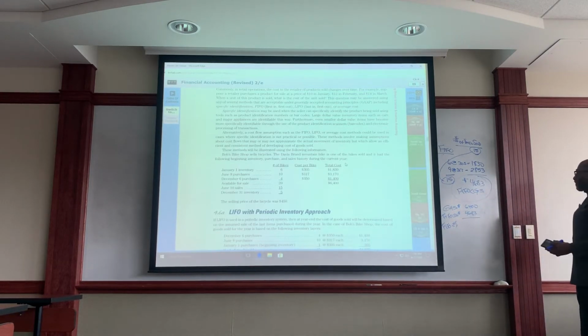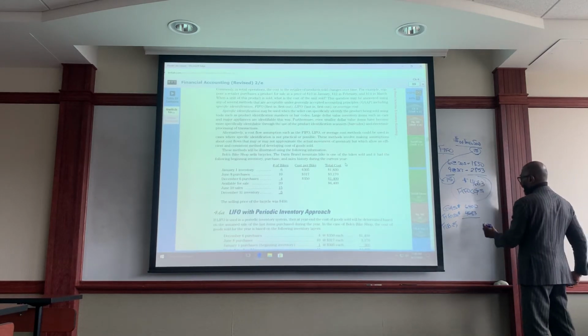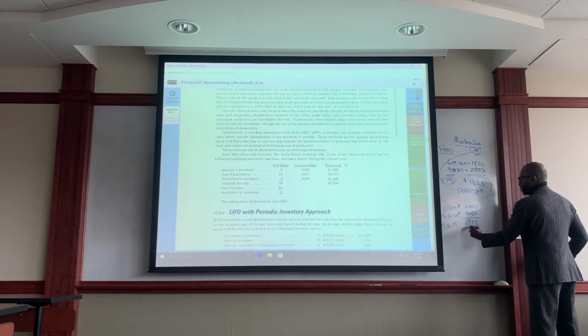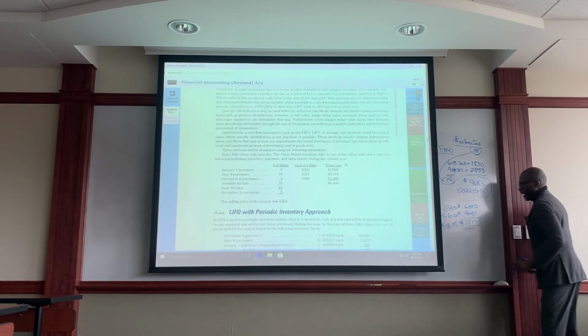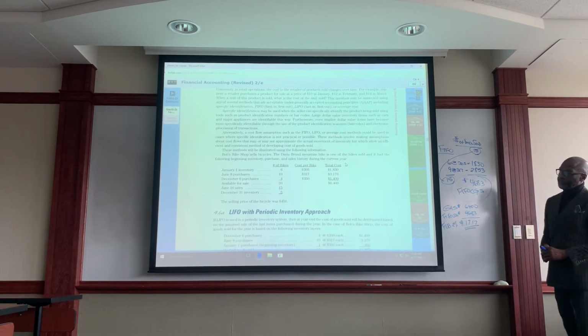We take the goods available for sale in dollars, which is given in the problem, we subtract out the FIFO cost of goods sold, which we just calculated, and we get 1717, which is our FIFO ending inventory. Simple as that.